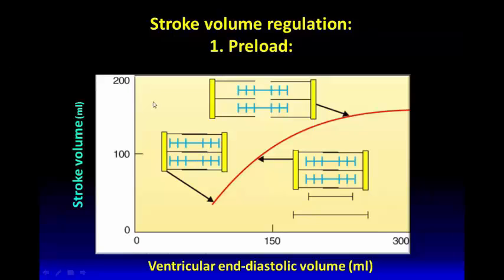So here in this diagram, we have preload on the x-axis, the ventricular end diastolic volume in milliliters, and the stroke volume on the y-axis. As you can see, as preload increases, stroke volume increases.